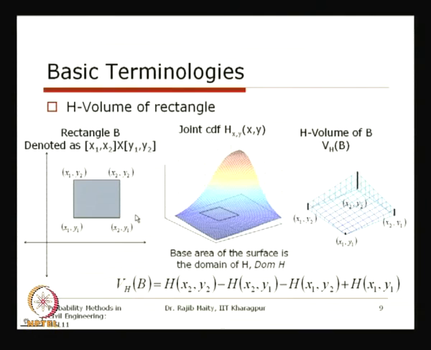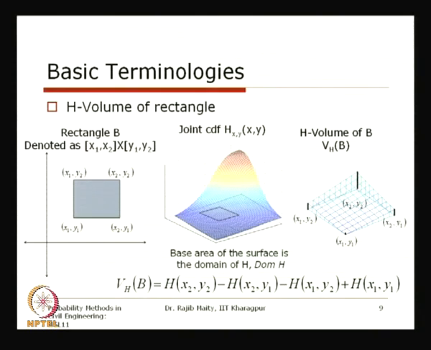Now it is not that difficult to remember what we are taking: first we start from the extreme right top corner, minus the other two diagonals, plus this one. But if you ask why, it can also be easily explained in terms of the CDF.